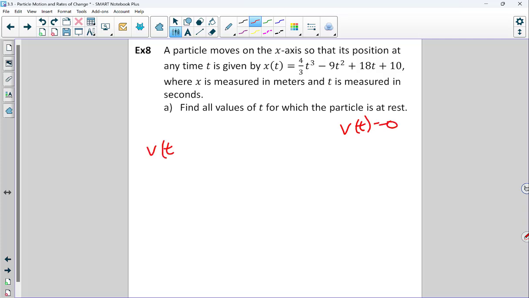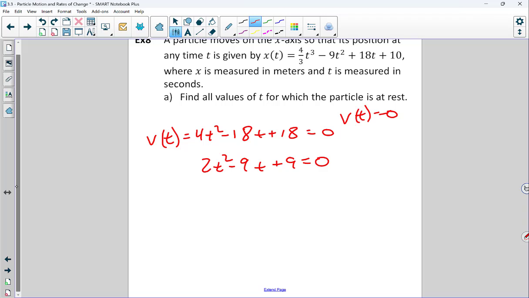So v of t is our derivative, or 4t squared minus 18t plus 18. Let's set that equal to 0. I can divide everything by 2. Factors of 18 that add to negative 9, that would be negative 6 and negative 3.